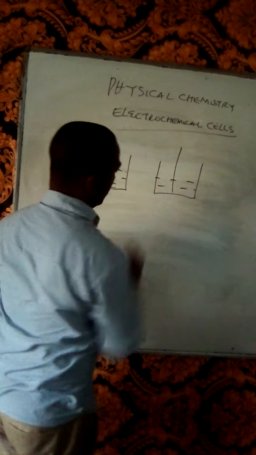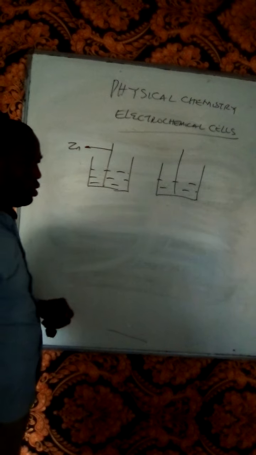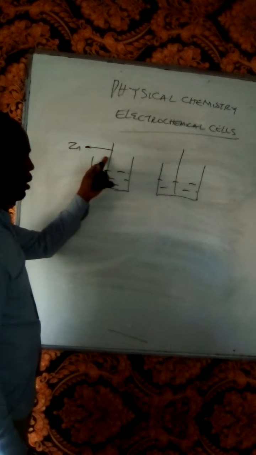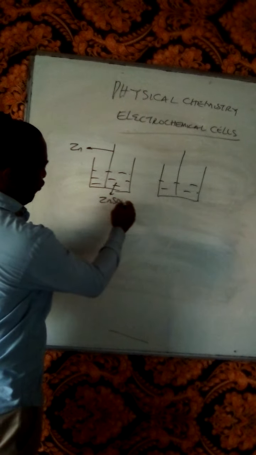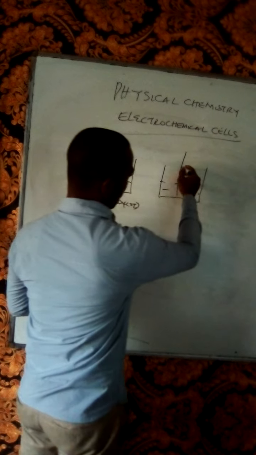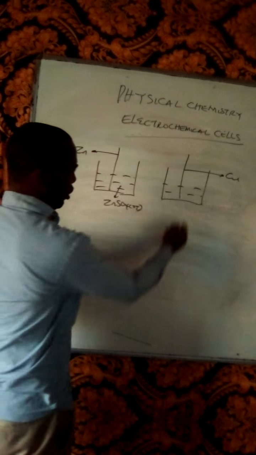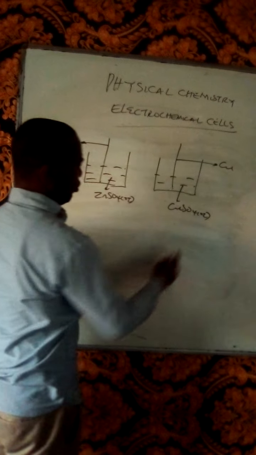This metal, assuming it's zinc, will be dipped inside a solution of its own salt, for instance zinc sulfate, aqueous. Then this other metal, let's presume copper, is also dipped in a solution of its own salt, which we can call copper sulfate. So we're discussing the structure of a simple galvanic cell.